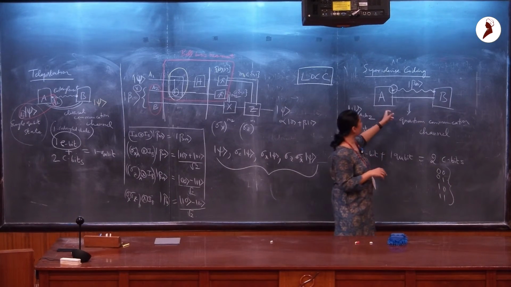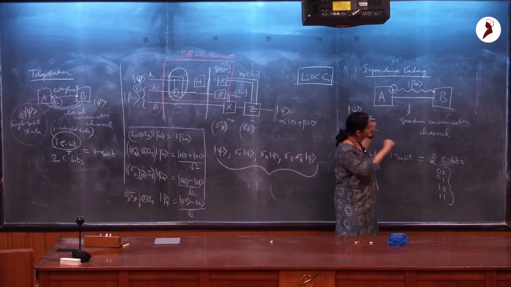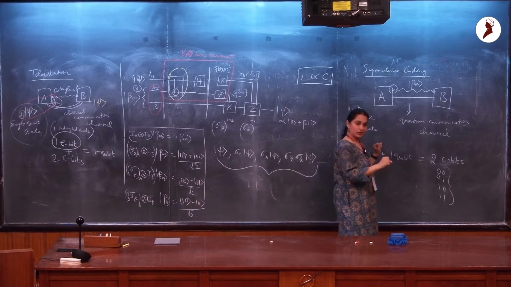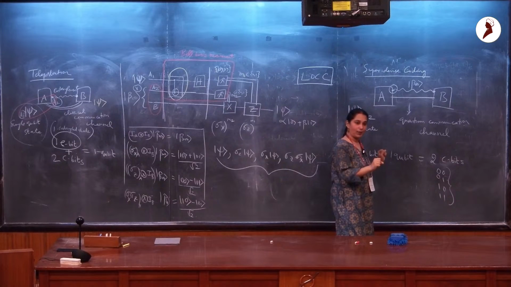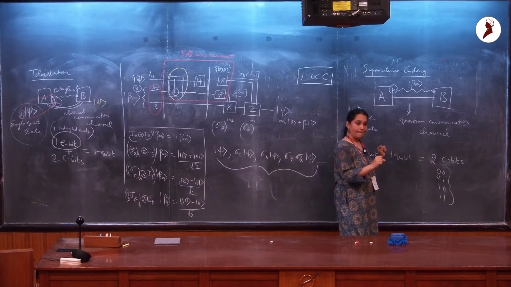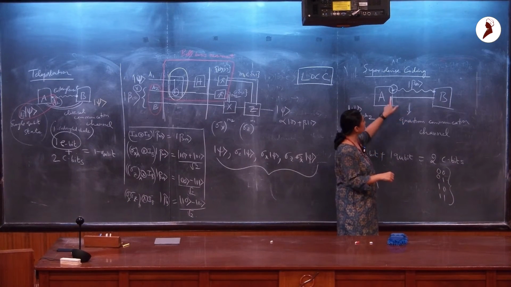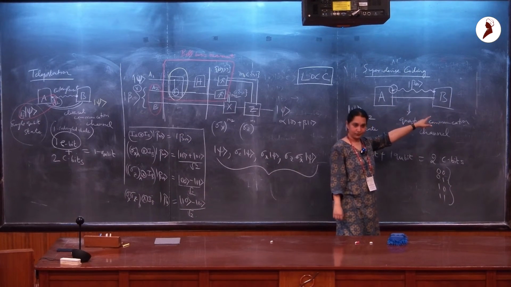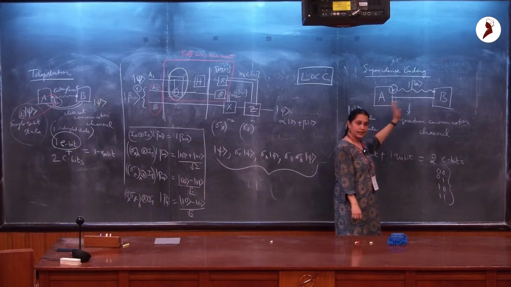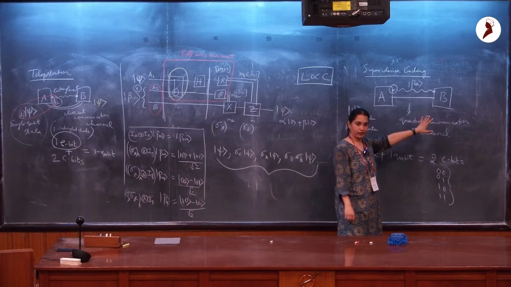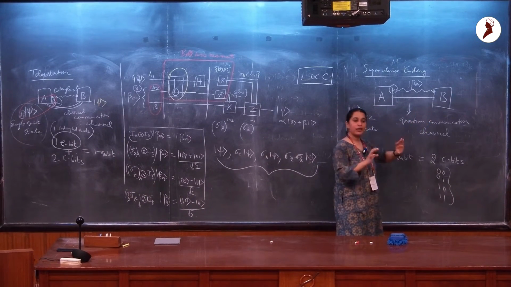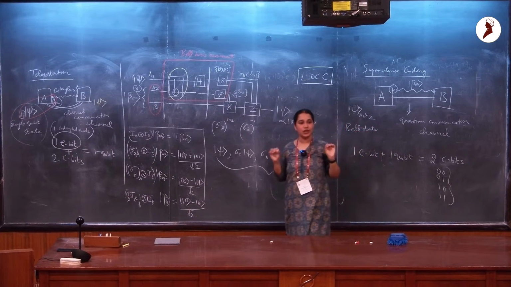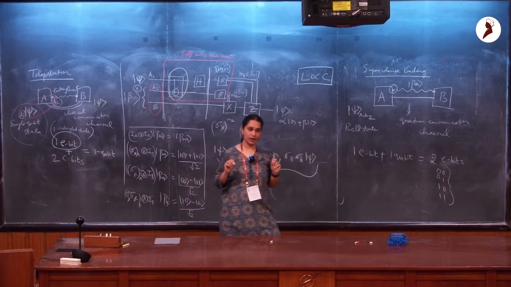So in this protocol, somebody has already distributed these 2 pairs to these 2 labs, okay? Finally, what A has to do is only send half of that to B. So what A is sending is only 1 qubit, finally. But you're assuming that they have this, what we call pre-shared entanglement between A and B.